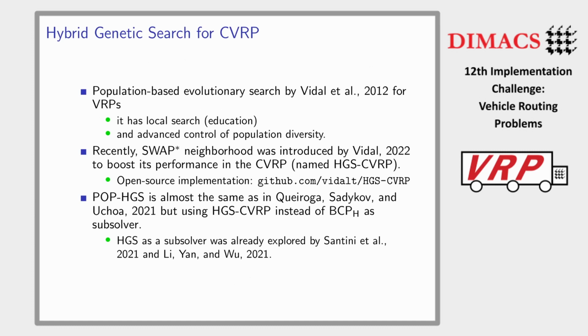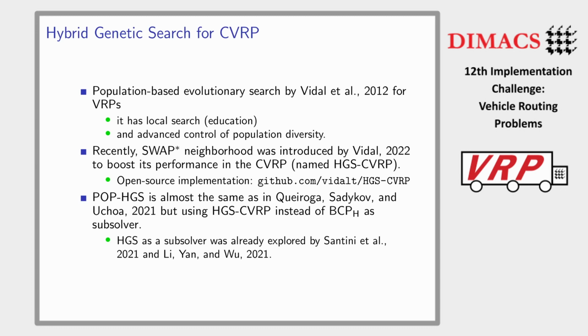The other technique I have to talk about is the hybrid genetic search. These first bullet points are very similar to the previous presentation of Martin. So hybrid genetic search is a population-based evolutionary search by Vidal et al. 2012.